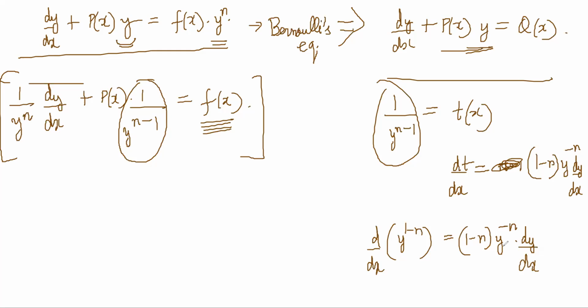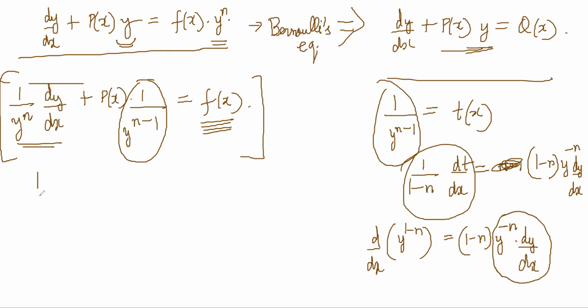So now thankfully this y^(-n) dy/dx is already here, the first term, right? So 1/(1-n) dt/dx is the first term, right? 1/(1-n) dt/dx + p(x) t = f(x).